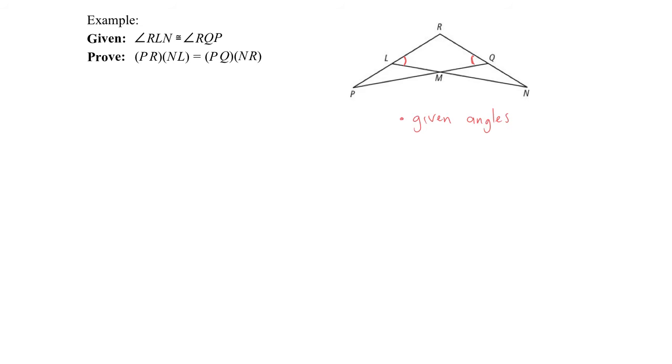Turns out in this one, I also have a reflexive right here. That gives me my angle in order to prove that triangle PQR is similar to triangle NLR.